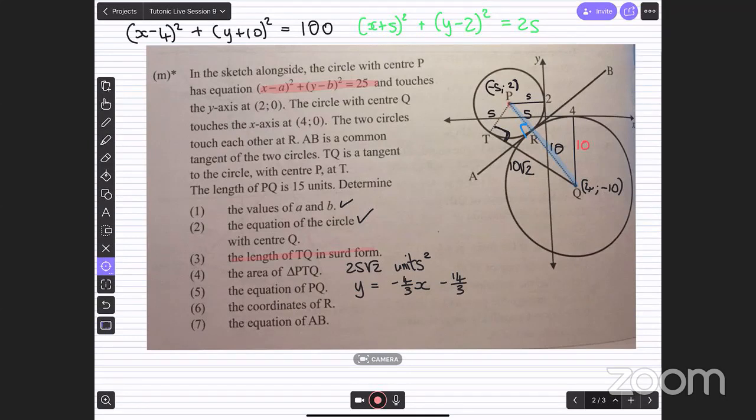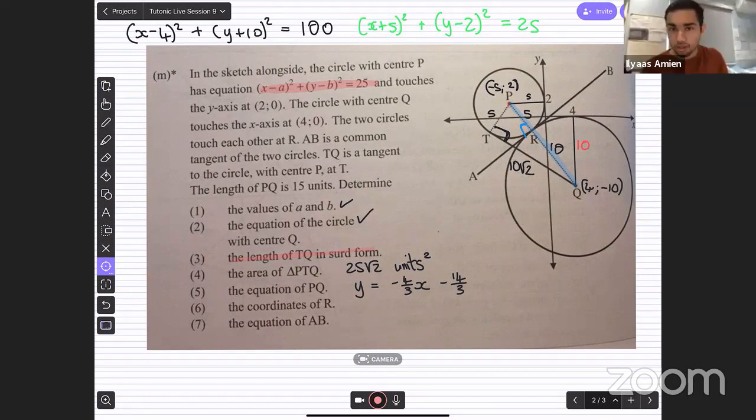You can find the gradient of PR, and then your gradient of AB will be the negative inverse of that. Don't you have the gradient of PR? Yeah, negative 4/3. So what's the gradient of AB? It will be 3/4. And then you have R is equal to -2 and -2.